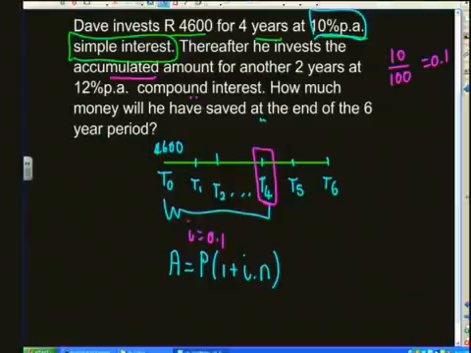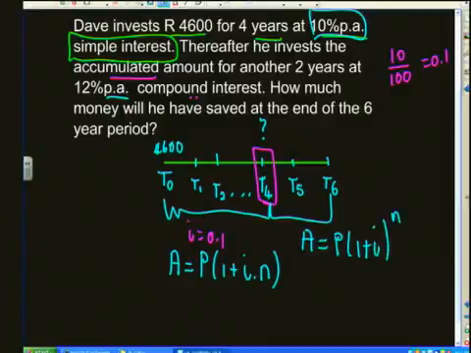Compound interest means for the final 2 years, we are going to be using the compound interest formula, 1 plus i to the power of n. Your interest rate at work in those last 2 years, in decimal form, is 12 divided by 100, and you get 0.12.